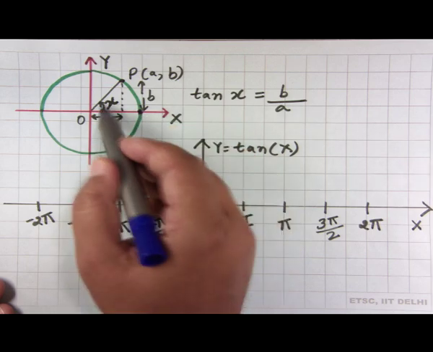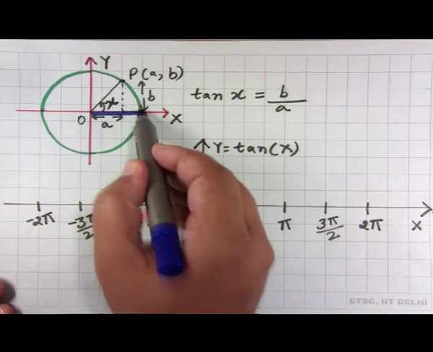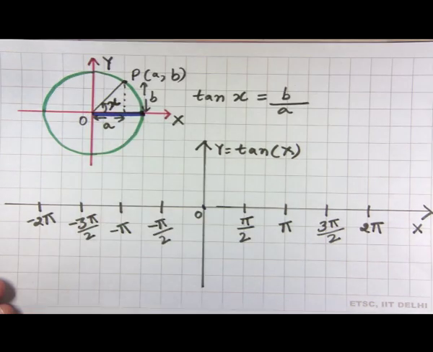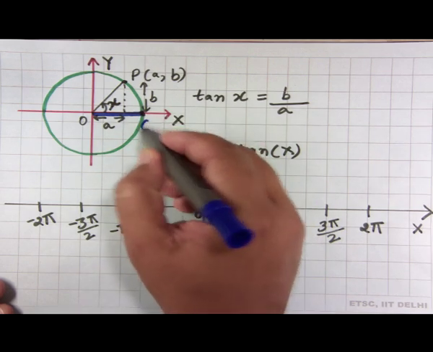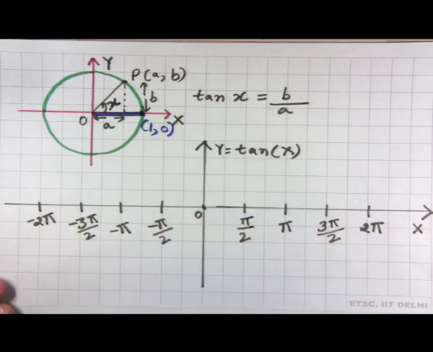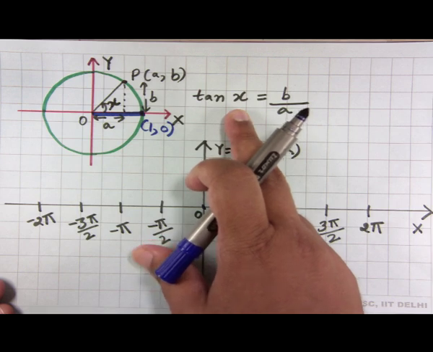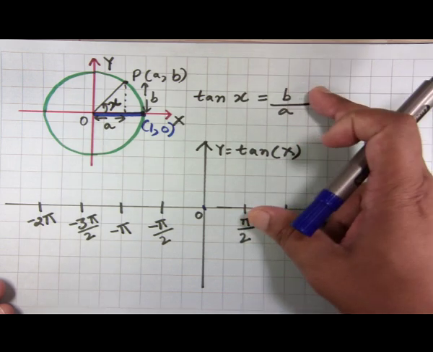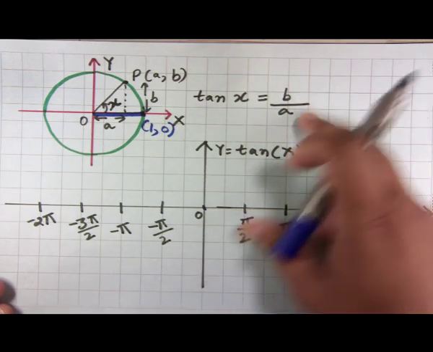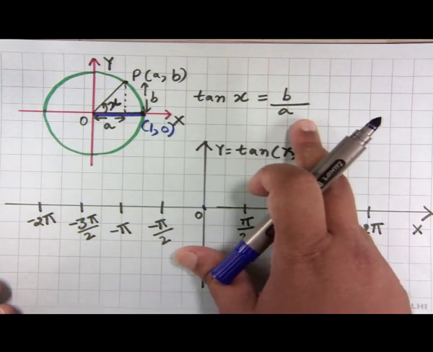Because there is no rotation, this OP is actually over here, and the coordinate of this point is 1, 0, and therefore, since tan x is equal to the ratio of the y coordinate of this point to the value of the x coordinate.